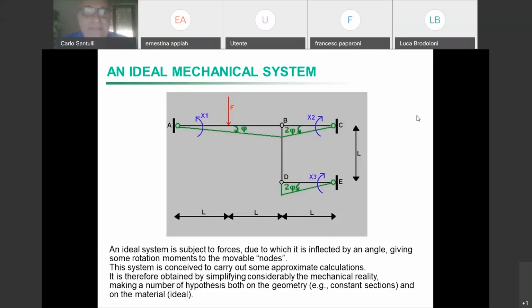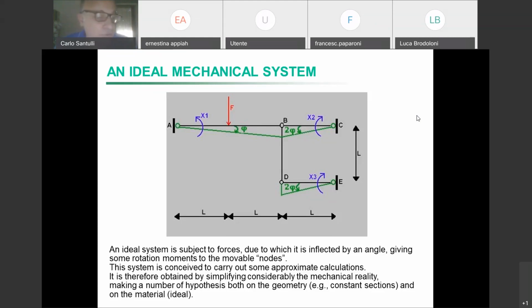It will bend by an angle, some angle phi, and you can say that these points A, C, and E may be blocked, unable to rotate, or may be able to rotate, which suggests different questions.